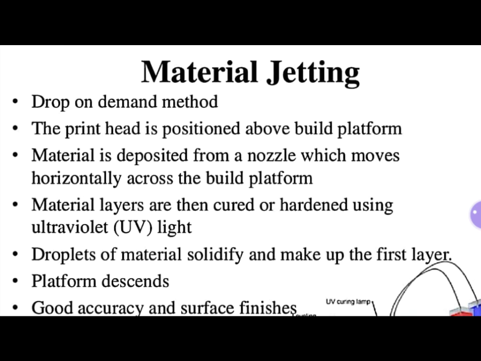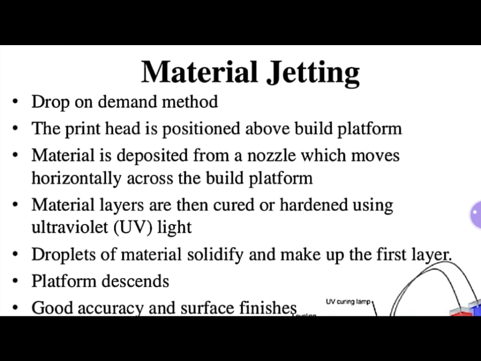So the principle is same as that of photopolymerization. The only thing is that here we are not going to take the photopolymer material in a container. Instead of taking photopolymer in a container, here we are directly depositing the material layer by layer with the help of a nozzle.